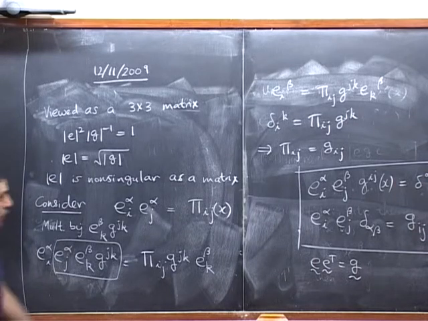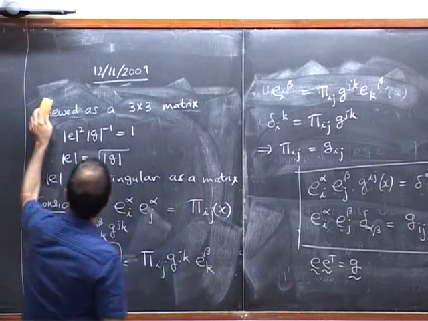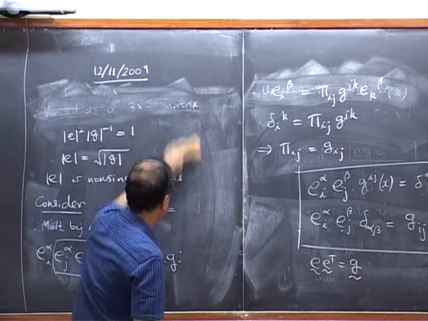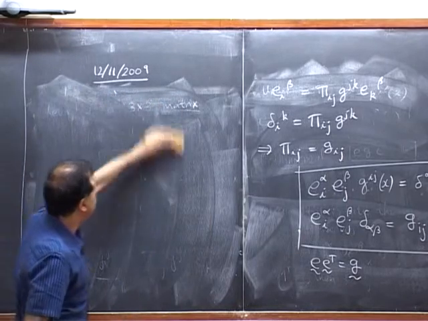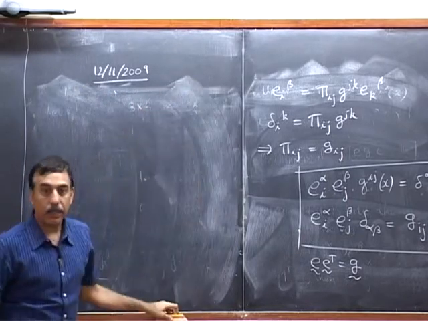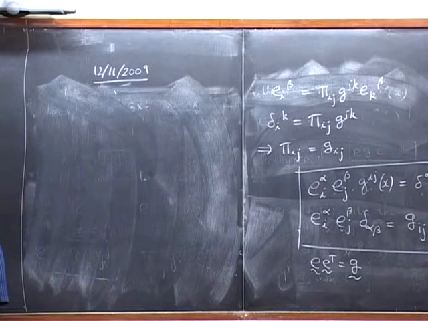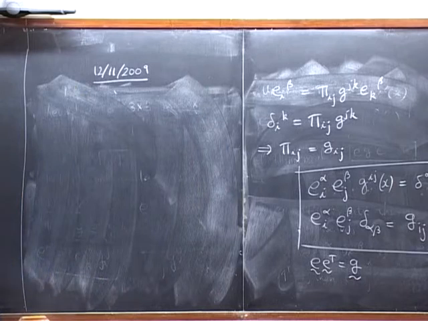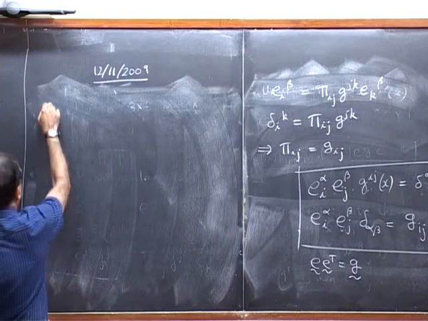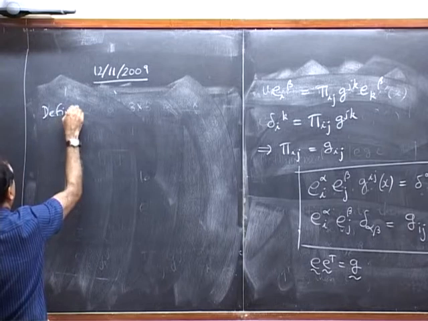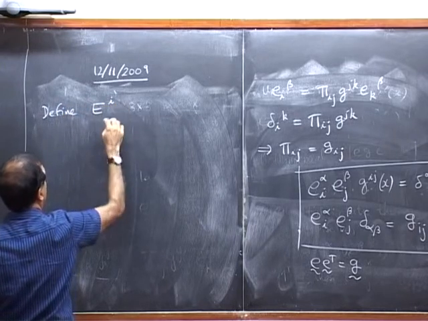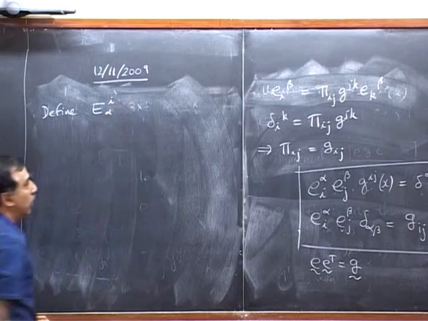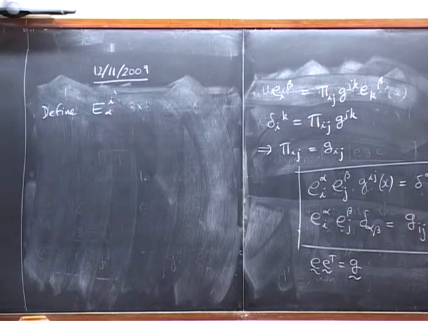Okay. Now I said that E is invertible, so it must have an inverse, which I've never written down. So now let's define the inverse. Define E capital. Now its index I should be up, and for convenience I'll keep the index alpha down.